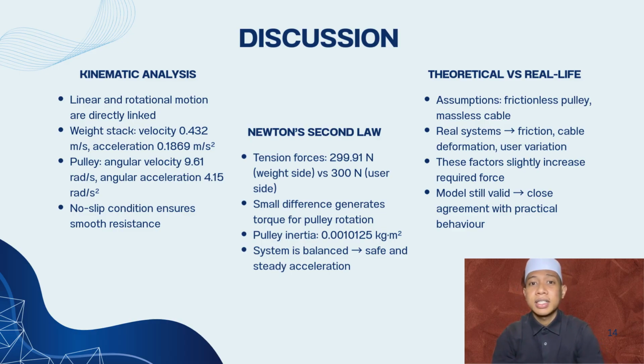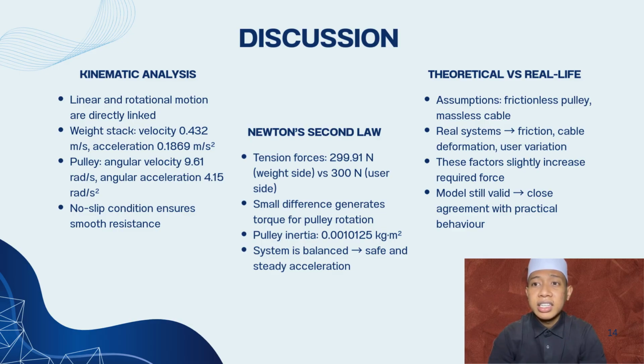Okay, the last point is theoretical versus real-life comparison. Although the theoretical model assumes a frictionless pulley and a massless cable, real-life systems introduce additional factors such as bearing friction, cable deformation, and variation in user pulling force. These factors slightly increase the required force and reduce acceleration.